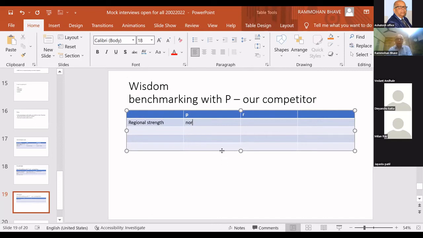North, and then you put perhaps a tick. Very, very high. Or say 50%. And here North, or even perhaps I will not keep here North. I'll just say North. Regional strength, North. 50%, and we said 10%.